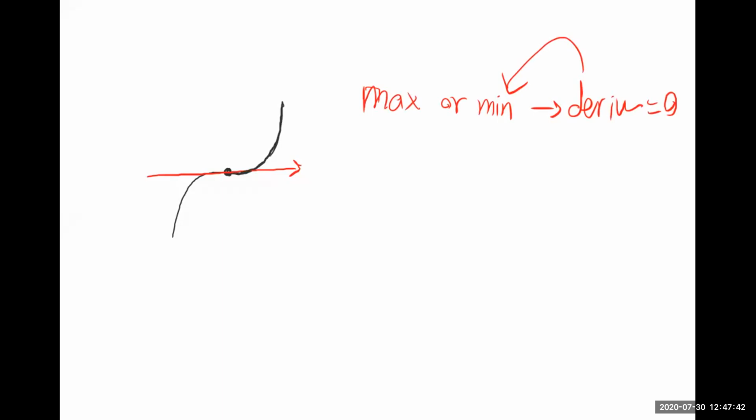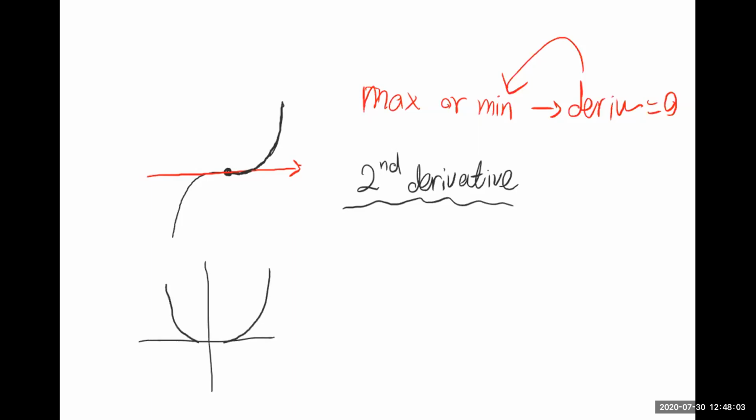The answer is by looking at the second derivative, but the second derivative in higher dimensions is not very trivial. There is no well-defined second derivative in the sense we knew in the first derivative case. For example, in the one-dimensional case, look at x squared. The first derivative is 2x, the second derivative is 2.